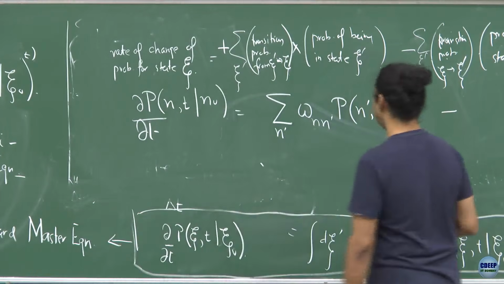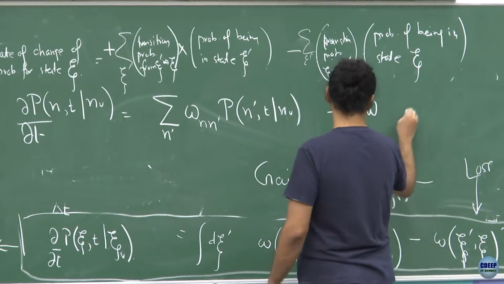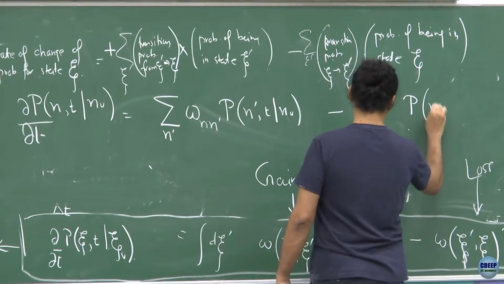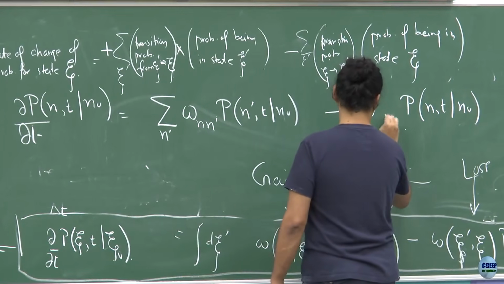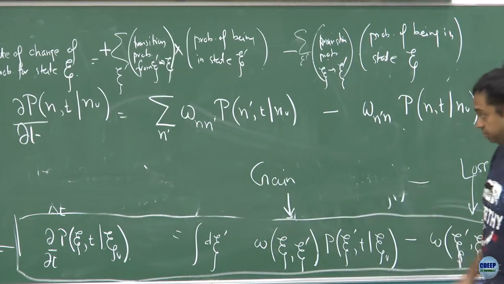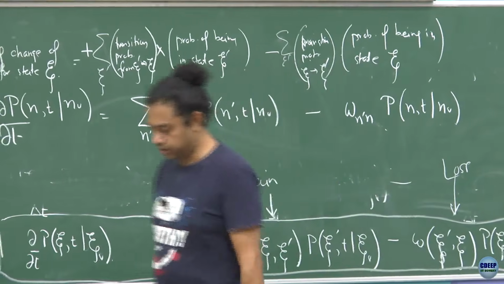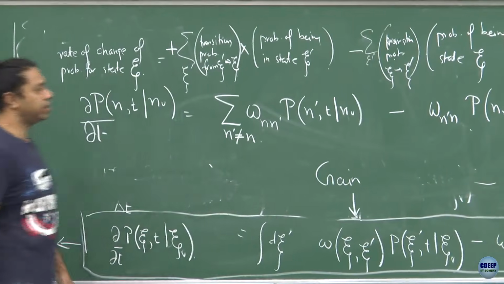This is the gain minus the loss, which is that you were at n, and then from n you make a transition to some other state n prime, and this is summed over all n prime not equal to n. Right.